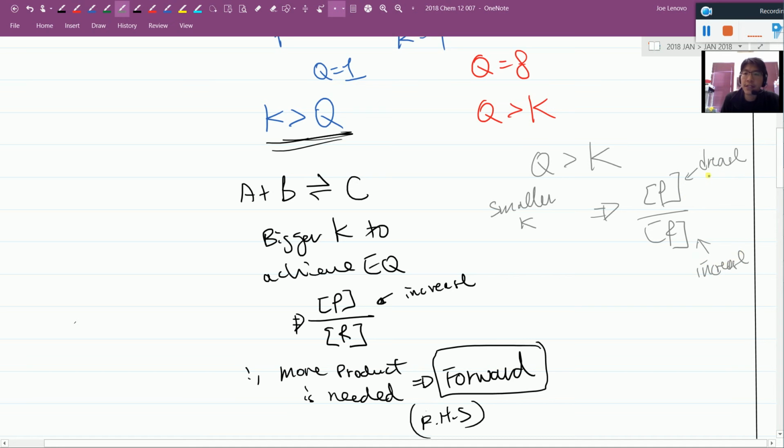If we decrease the product and increase the reactants, it implies that more reactants are needed to achieve equilibrium. So we can conclude the reaction would move backward, and when it moves backward, it goes to the left-hand side.